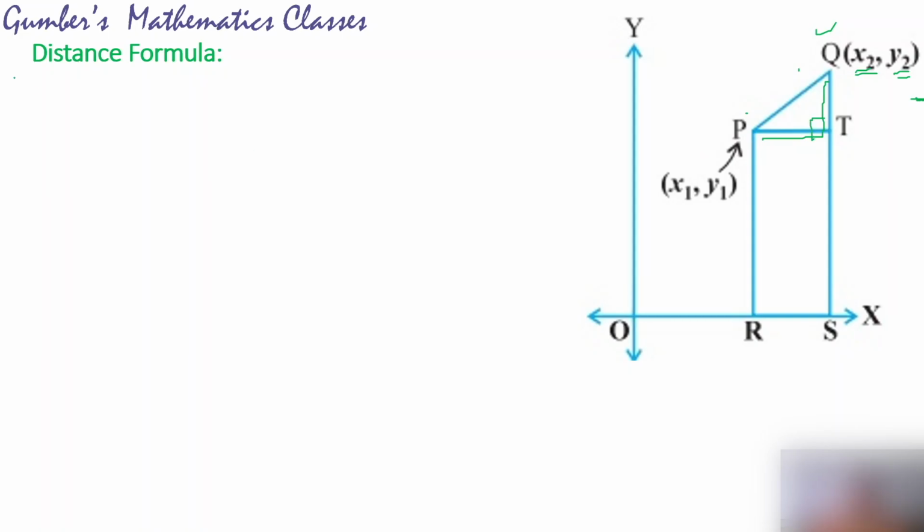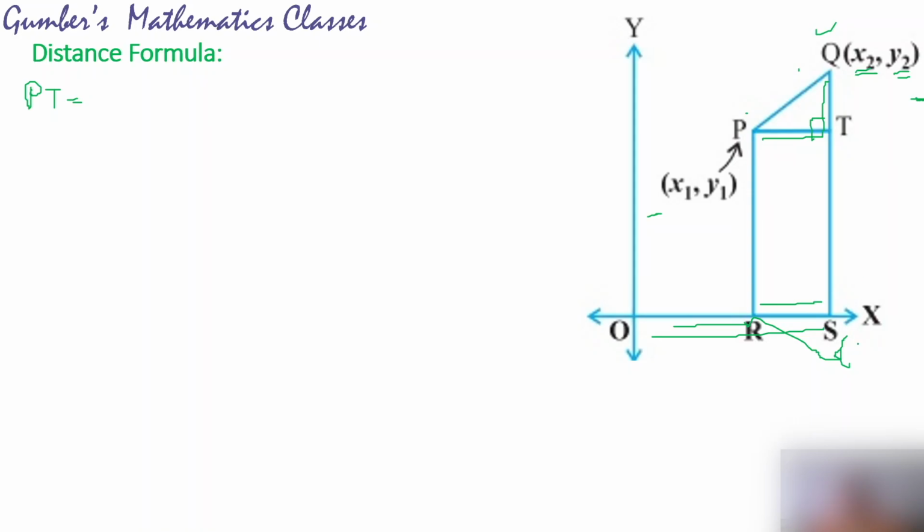So let's see. Very first, PT is equal to RS. RS is equal to OS minus OR. Now OS means, what are the coordinates of point S? What is the distance of point Q from the y-axis?